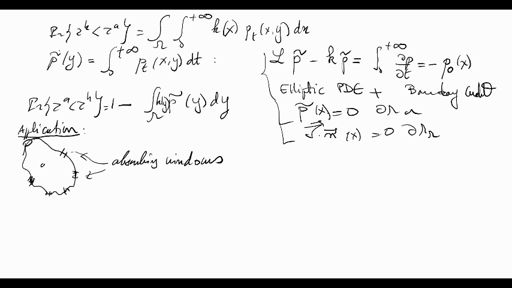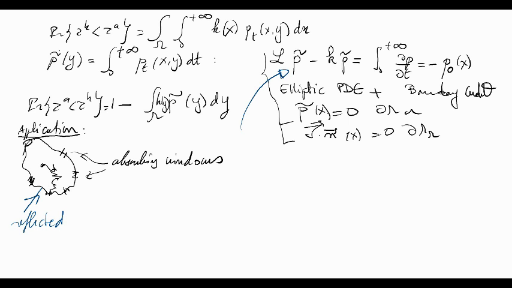Then it is possible to estimate the probability to arrive alive to one of these windows while the particle is reflected everywhere else. So this can be done by doing analysis on this equation. I will leave this for those who are interested as an exercise.